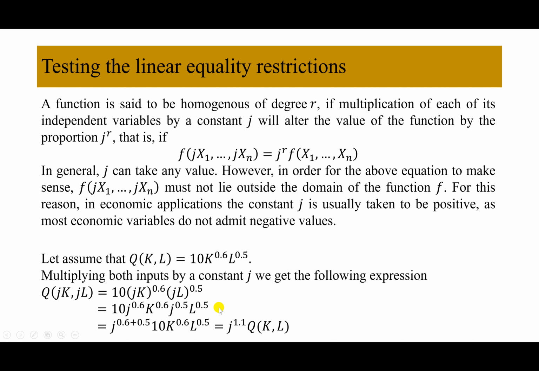Applying the index rules, we can group the exponent of j to the power 0.6 plus 0.5 into 10 k to the power 0.6 l to the power 0.5, equal to j to the power 1.1 times this expression, which gives us q as a function of k and l.